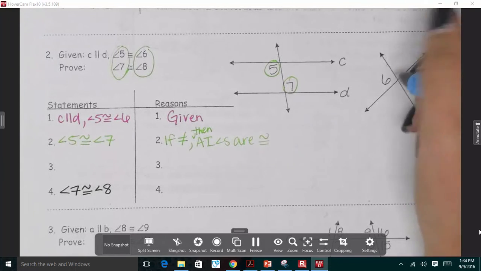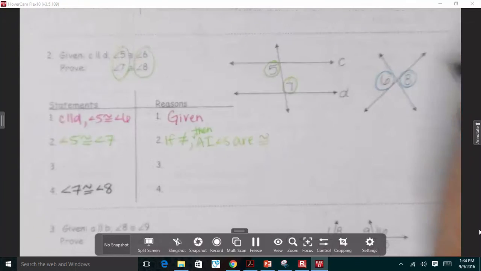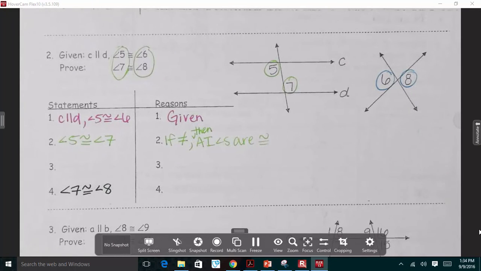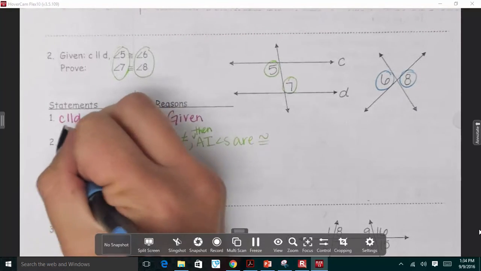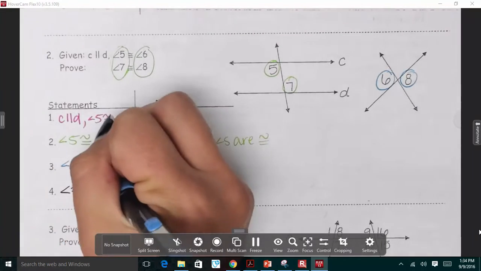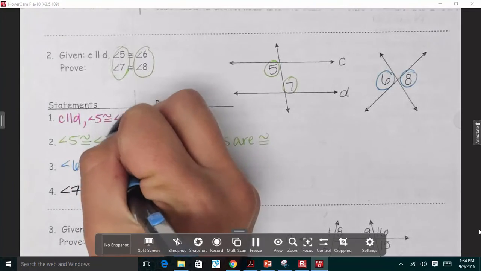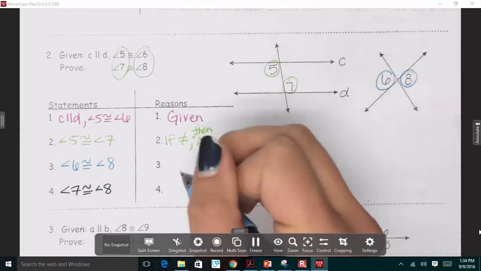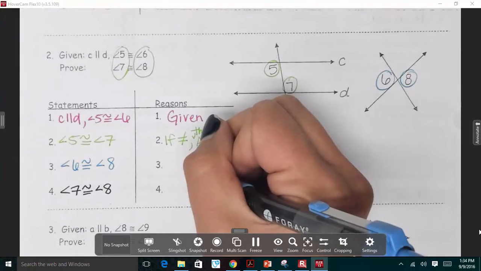Okay, second, we have 6 and 8. How are those related? They're vertical, so that means they're also equal. So angle 6 is congruent to angle 8. And what would we write for that reason? Vertical angles.